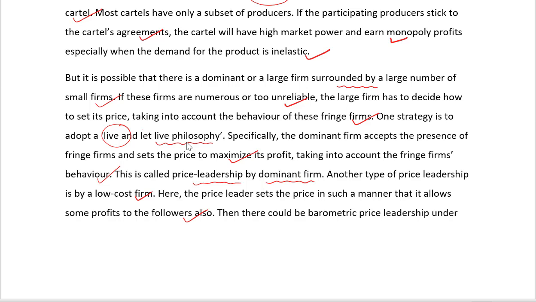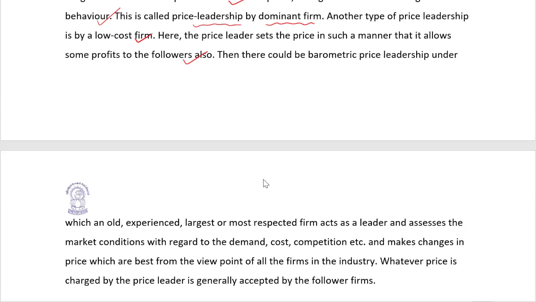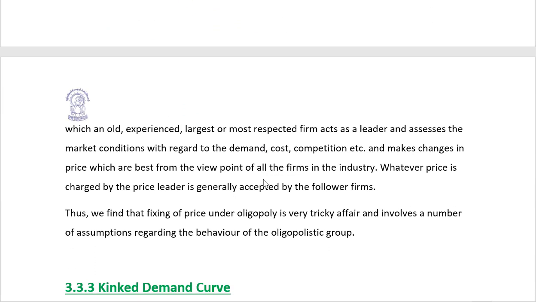And then there could be barometric price leadership, under which an old, experienced, largest and most respected firm acts as a leader and assesses the market conditions with regard to demand, cost, competition, and makes changes in the price which are best from the viewpoint of all the firms in the industry. Whatever price is charged by the price leader is generally accepted by the follower firms.